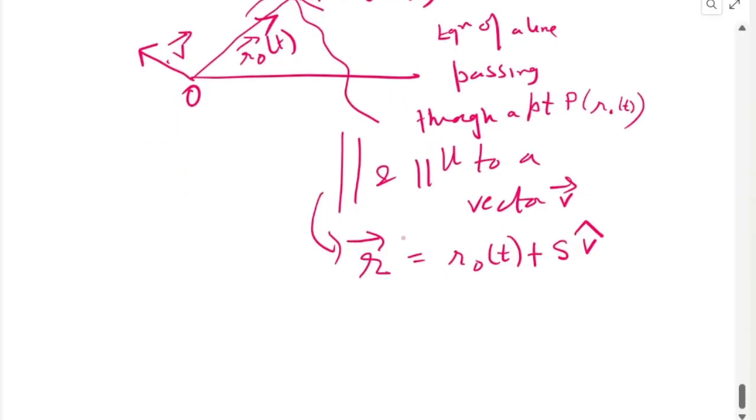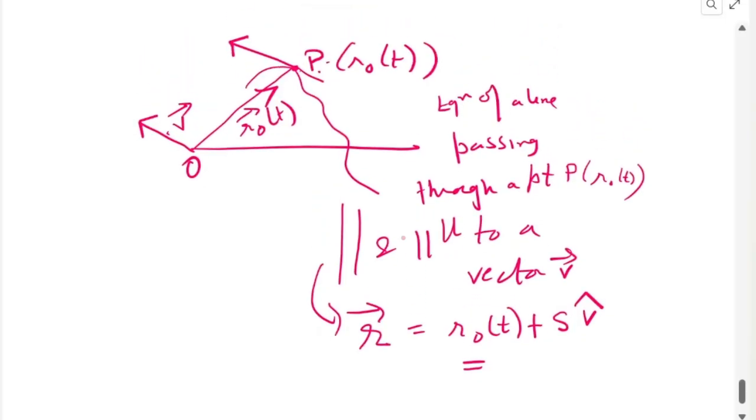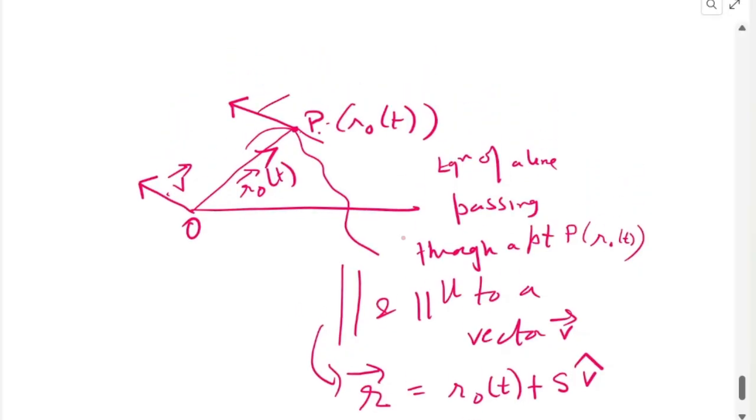So that means this point is lying on this line. My question is to find the equation of this line, right?